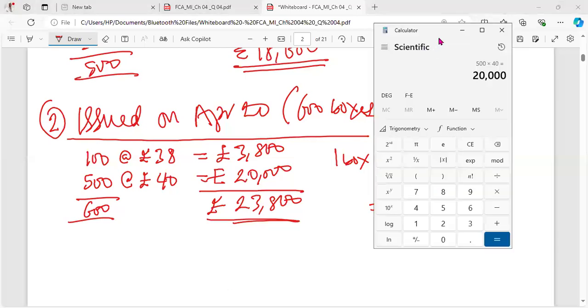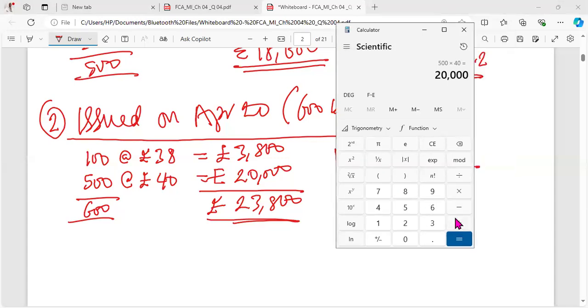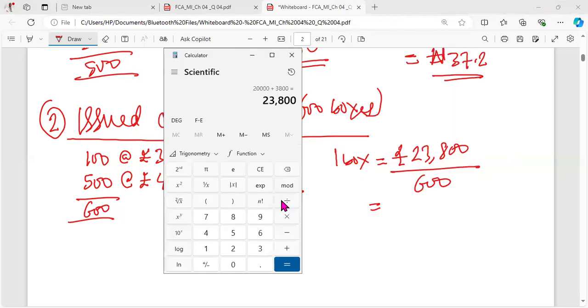This is 23,800 divided by 600. Wow. That will give me 39.67.